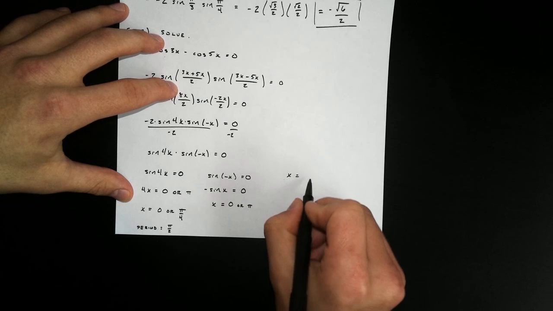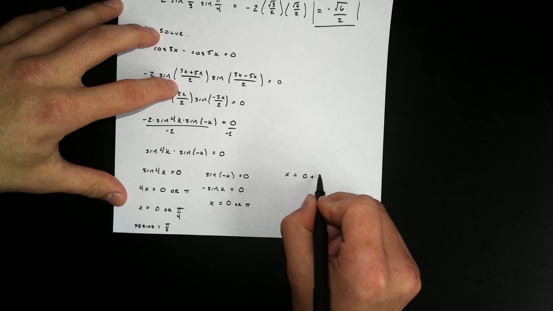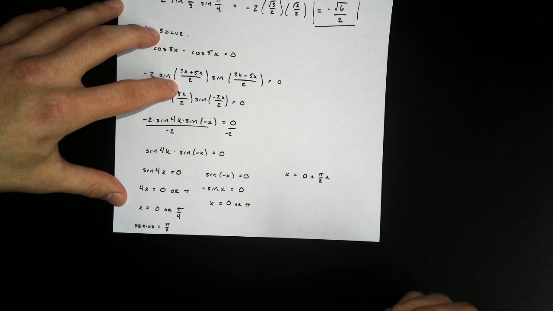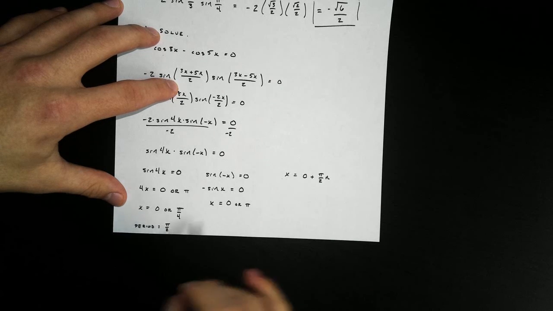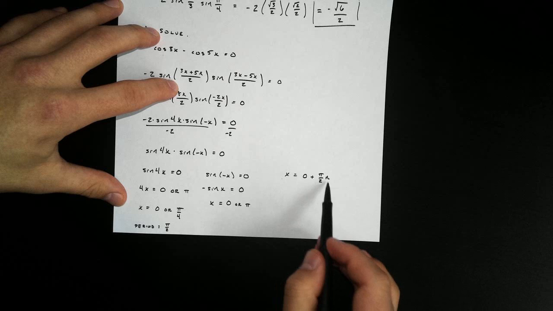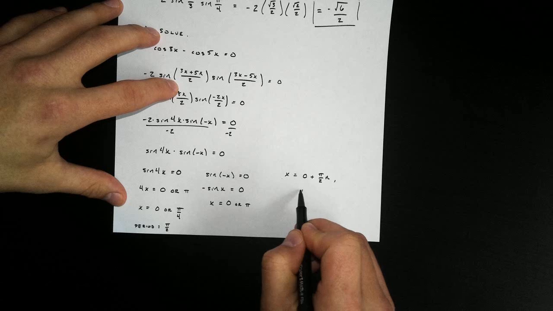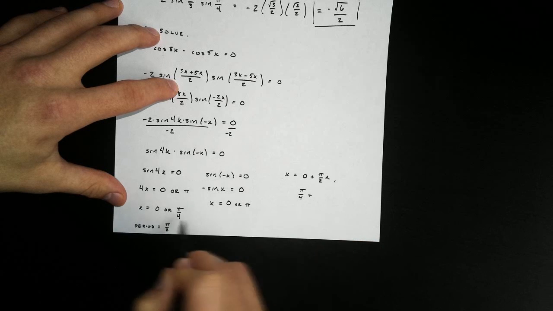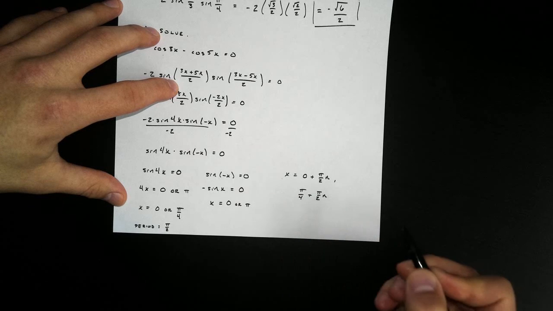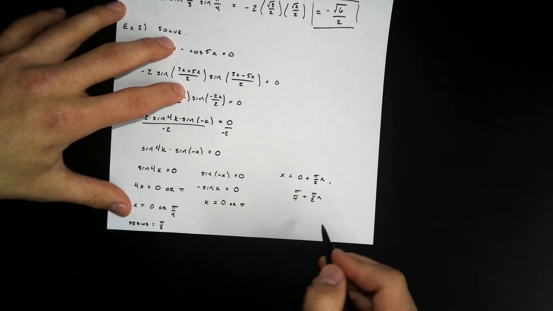So starting at 0, and then if I add multiples of pi over 2, that would give me all possibilities for that. And that does actually take care of the pi here as well, because pi is a multiple of pi over 2. And then we also want to do pi over 4 from here, plus our multiples of pi over 2. And that should take care of all of our possibilities.